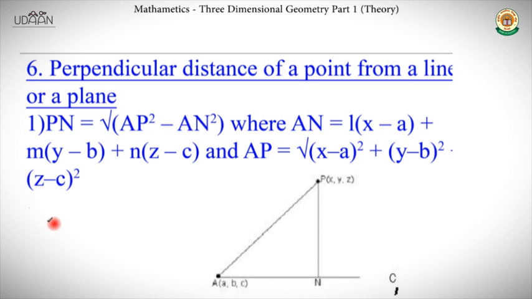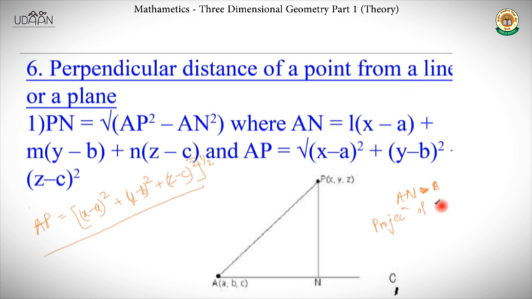Here AP is the distance of line segment AP, which is given by x minus a whole square plus y minus b whole square plus z minus c whole square, this power 1 by 2. So AP is given. AN is the projection of AP on the line.